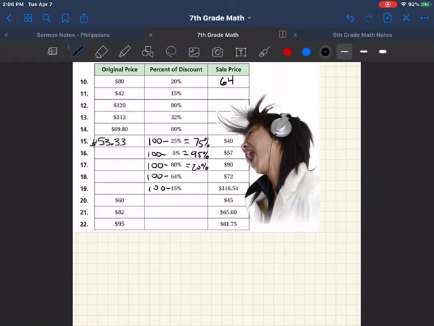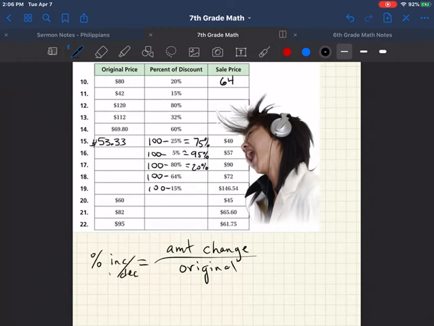So remember, the amount of increase or decrease is simply the amount of change over the original amount. This is to find percent increase, or in this case, decrease.